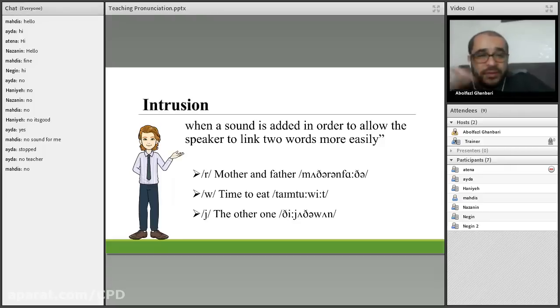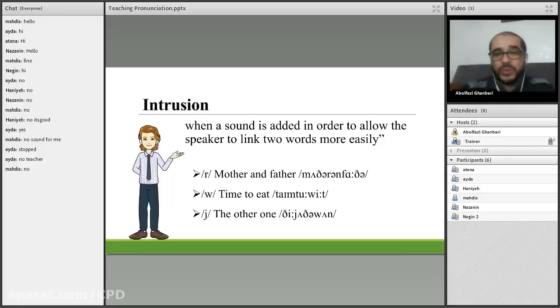After r, we add one r. Or w, like Tom treat. Yeah, we add w. Or the other one, the other one. Yeah, we add one more sound.